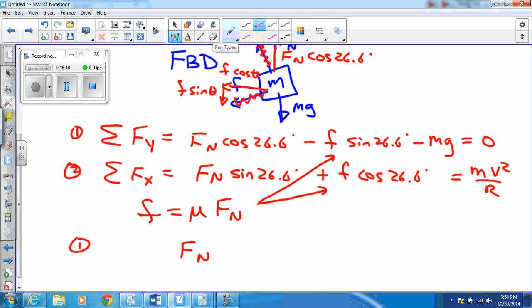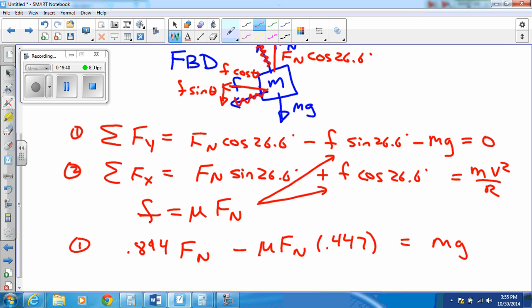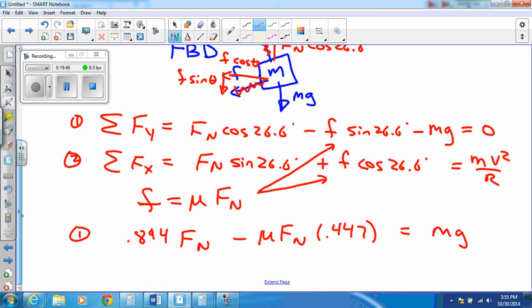So if I bring equation number 1 down and substitute the values in, then I get 0.894 Fn minus mu Fn times 0.447. And I'm going to add mg to both sides so that all of that equals mg.